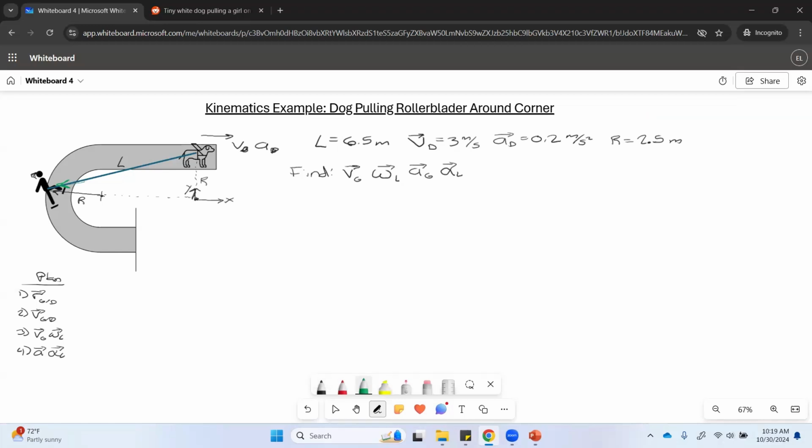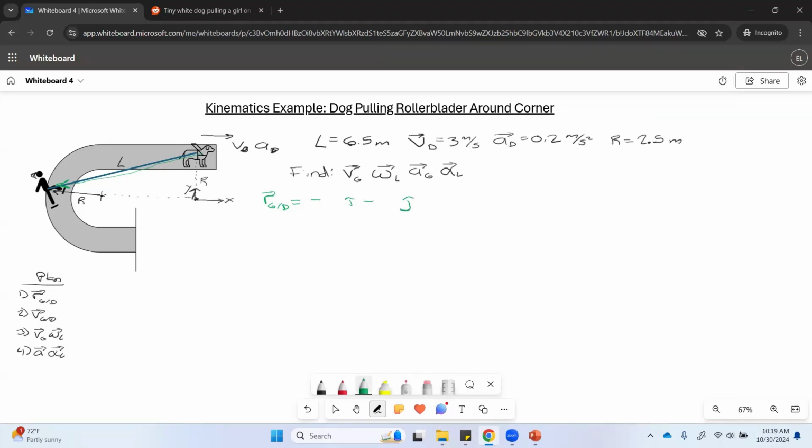We'll draw that vector here. And we can say that position of girl with respect to dog is going to be negative in the I hat, negative in the J hat, and the distance is R going down in the Y.